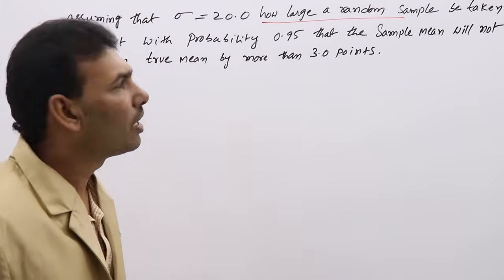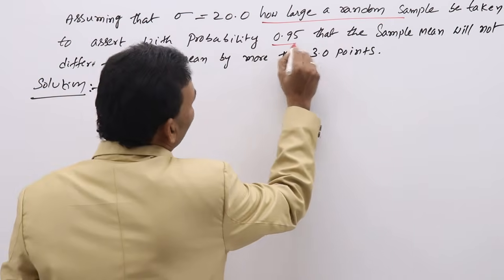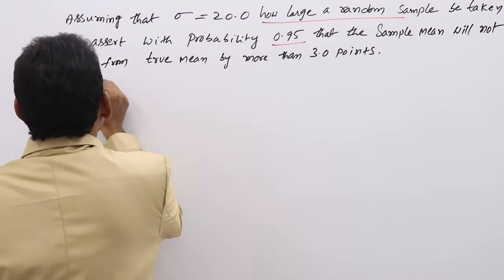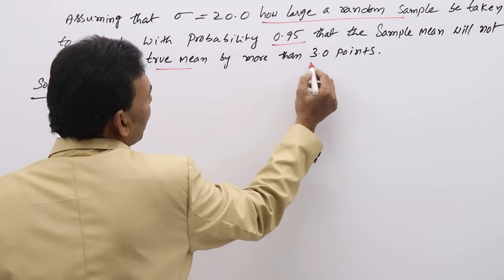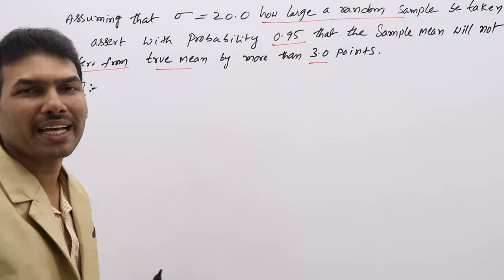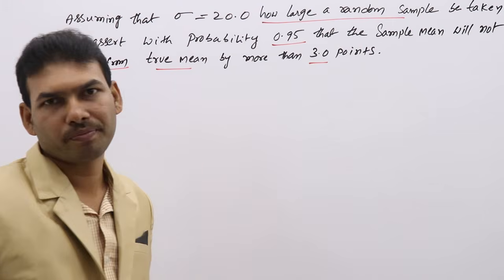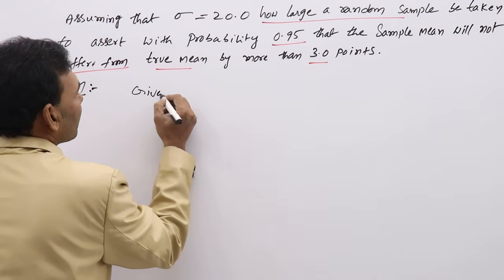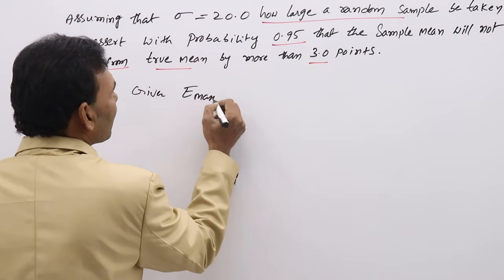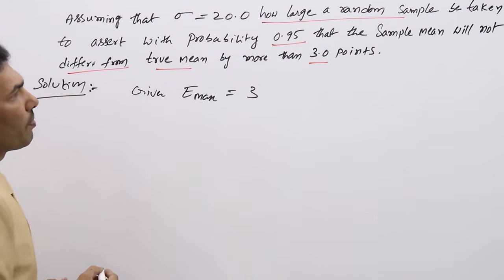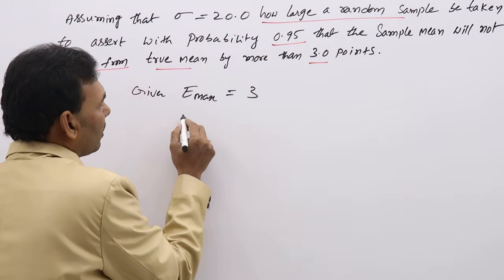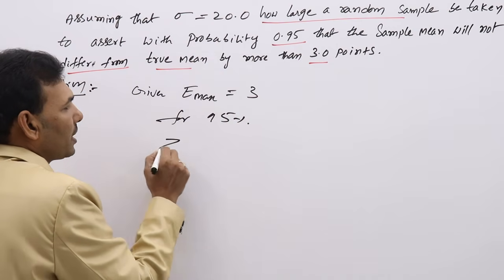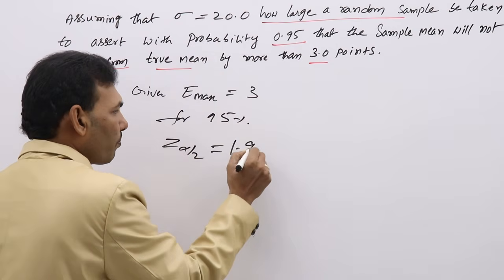What is given? 0.95 means 95% probability, and it should not differ from the true mean. 3 points means the maximum error is 3. So here given is E max, 3, and for 95%, Z alpha by 2 is 1.96.